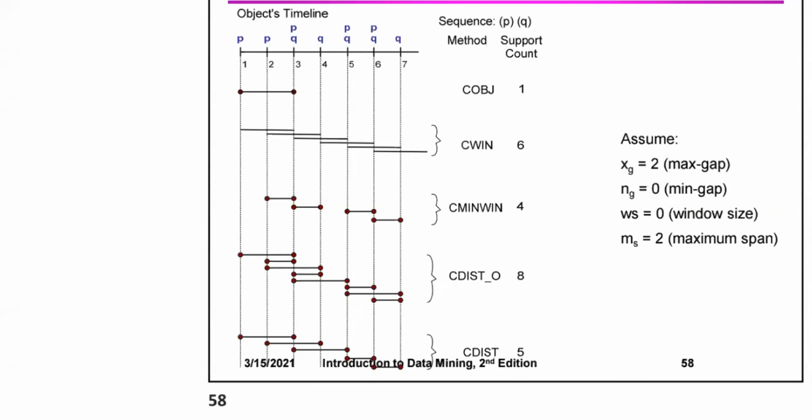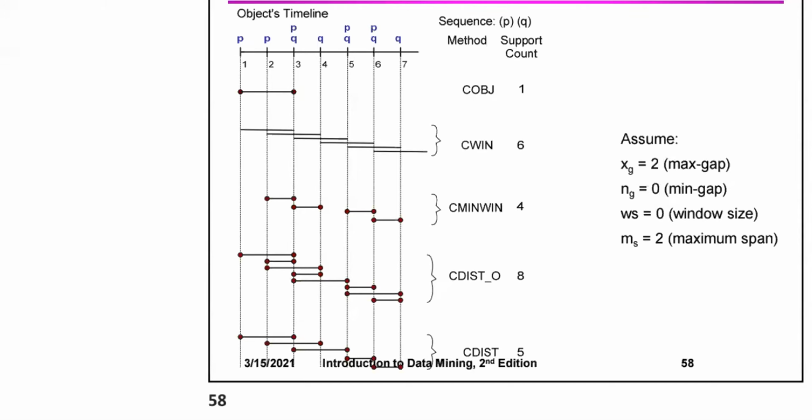And the second pair is P at T equal to 3 and Q at 4. Next one is the fifth and sixth. Next one is the sixth and seventh. So totally 4 minimal window occurrences are there.